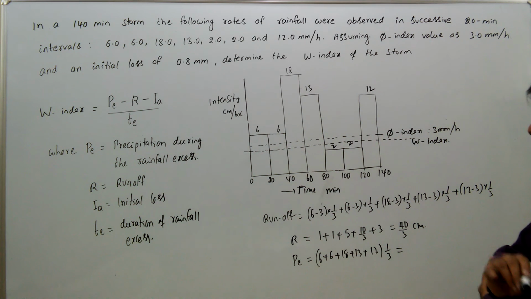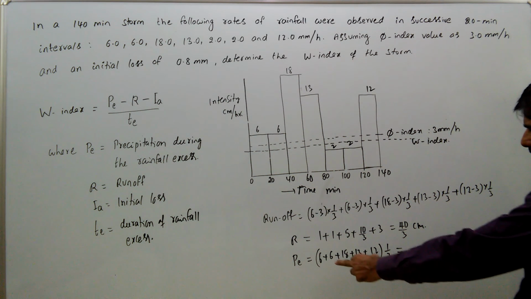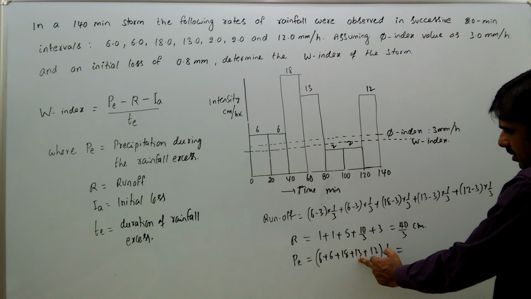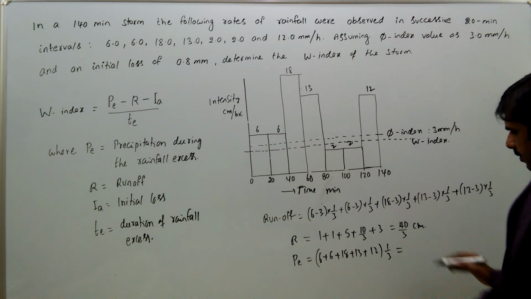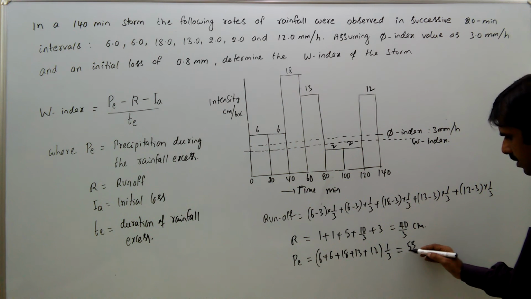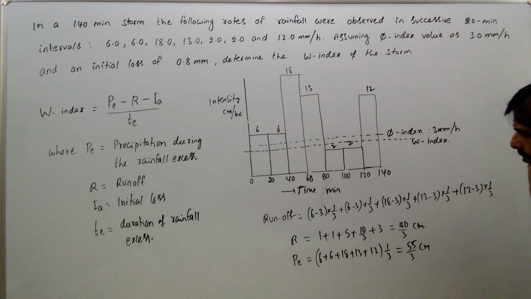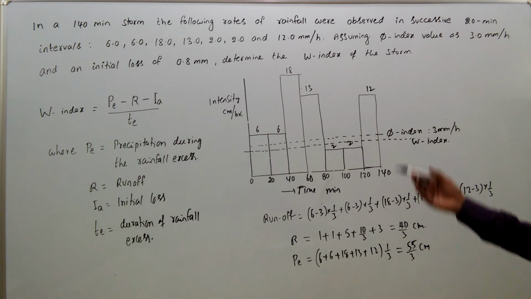That's why total rainfall excess equal to 6 plus 6, 12, 30, plus 13, 43, 55, 55 by 3. 55 by 3 centimeters is the PE. So R we know, PE we know, IA initial loss also we know, TE also we know.